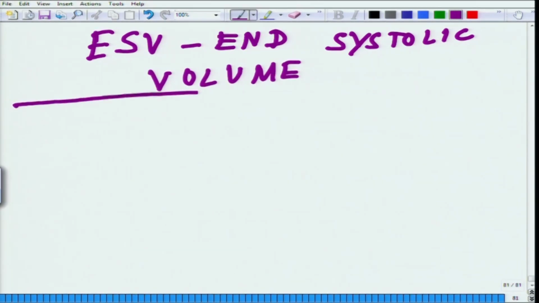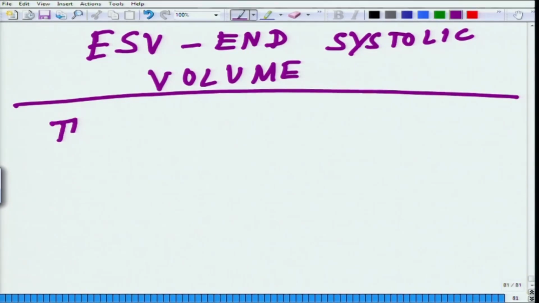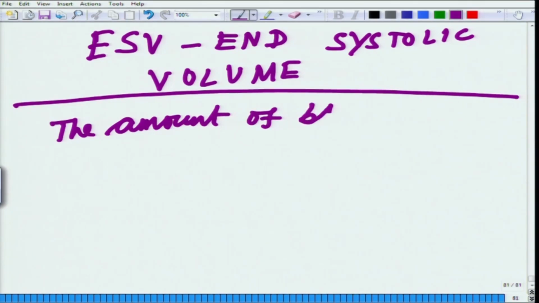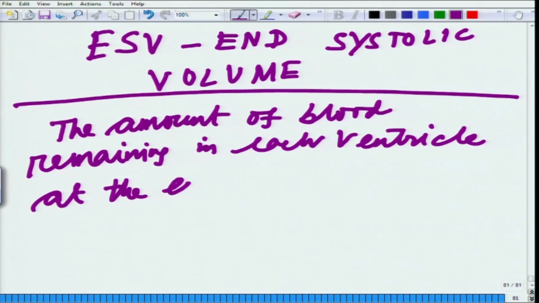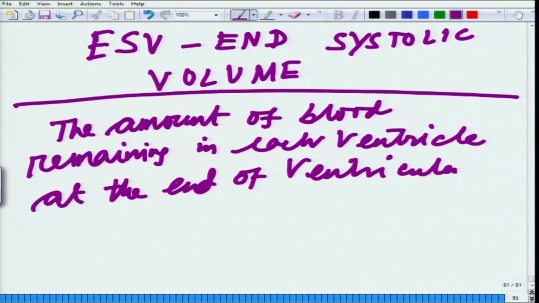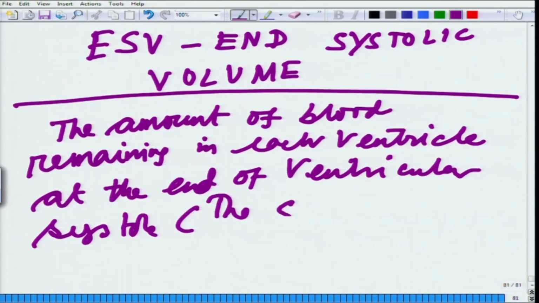What this means is the amount of blood remaining in each ventricle at the end of ventricular systole, or the start of ventricular diastole.